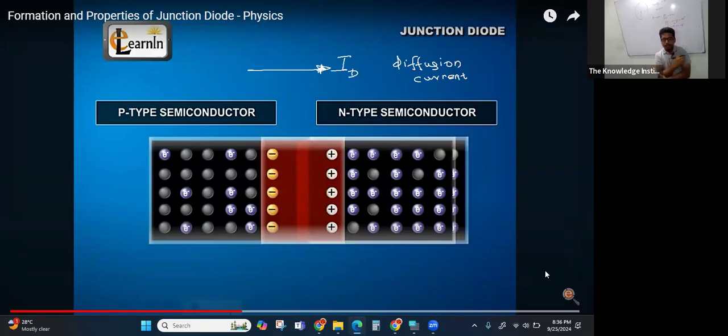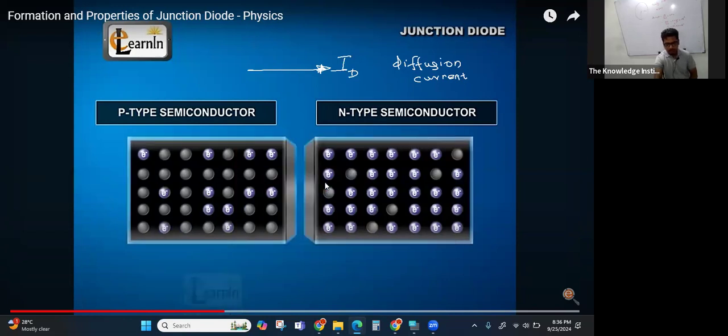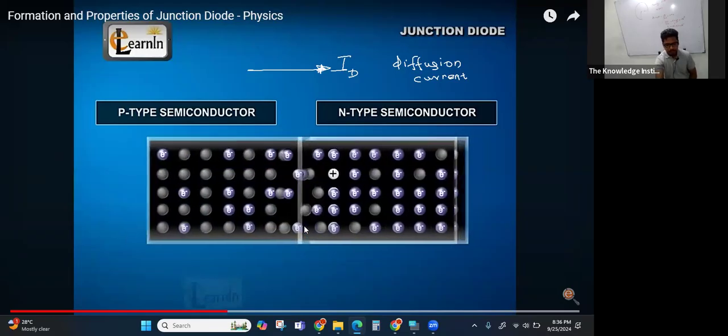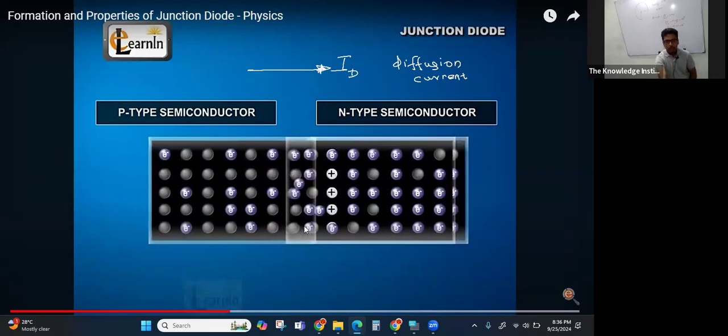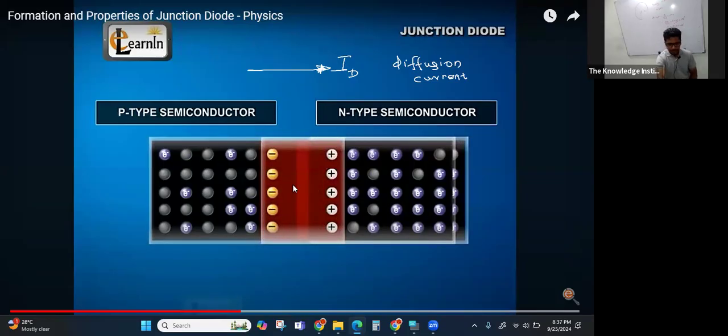Again, I'll show you the animation. These holes and electrons recombine, and then this region becomes empty of mobile electrons. Or else we can say it is depleted of mobile electrons or holes, right?